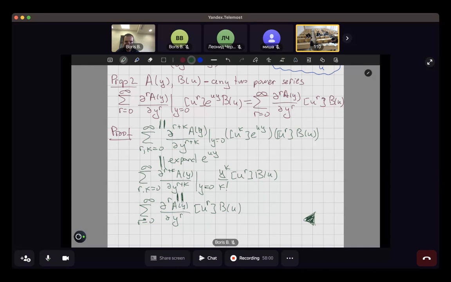Ну, давайте это на семинаре подробно обсудим. Хорошо.